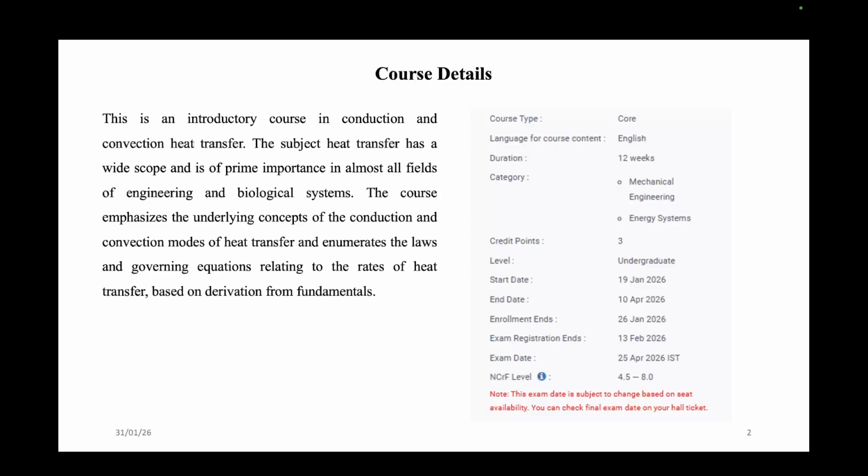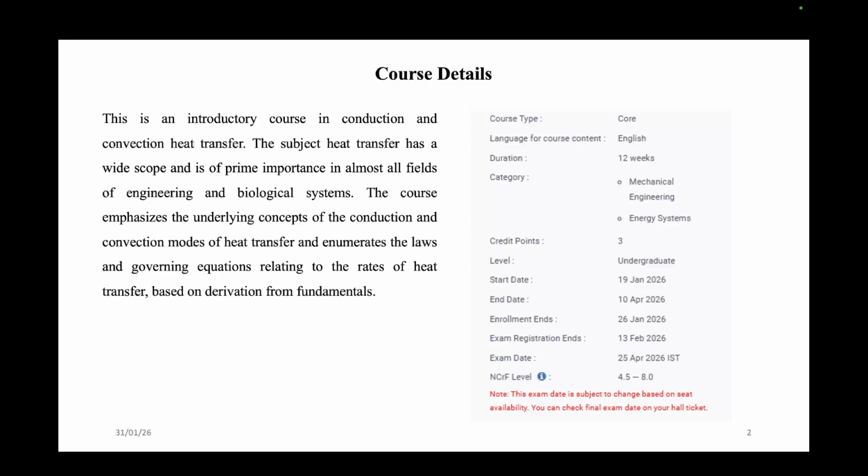Among these, this course deals only with conduction and convection heat transfer, because these are fundamental concepts that you will observe in daily life phenomena, in all engineering fields, and even in our biological system, like blood circulation through our tissue. Whenever we have fever, our body temperature rises, and you will be able to understand such phenomena easily if you know the concept of conduction and convection.